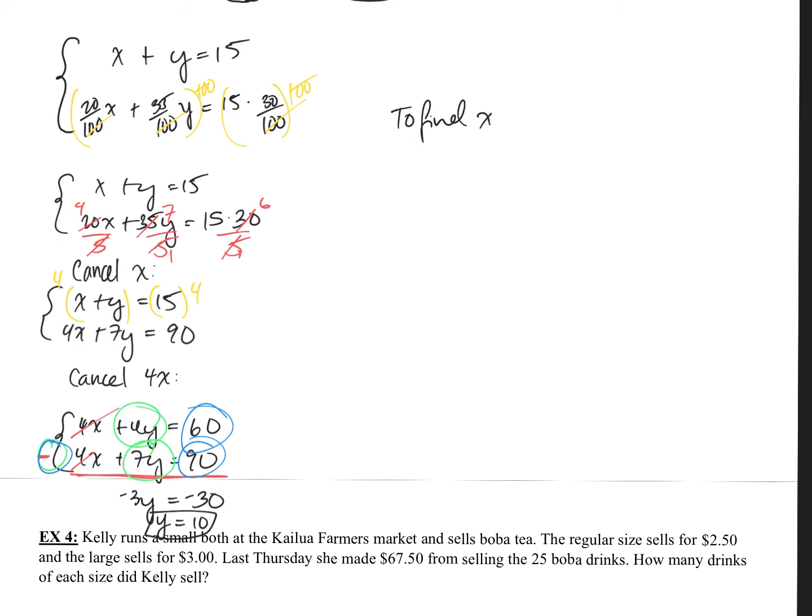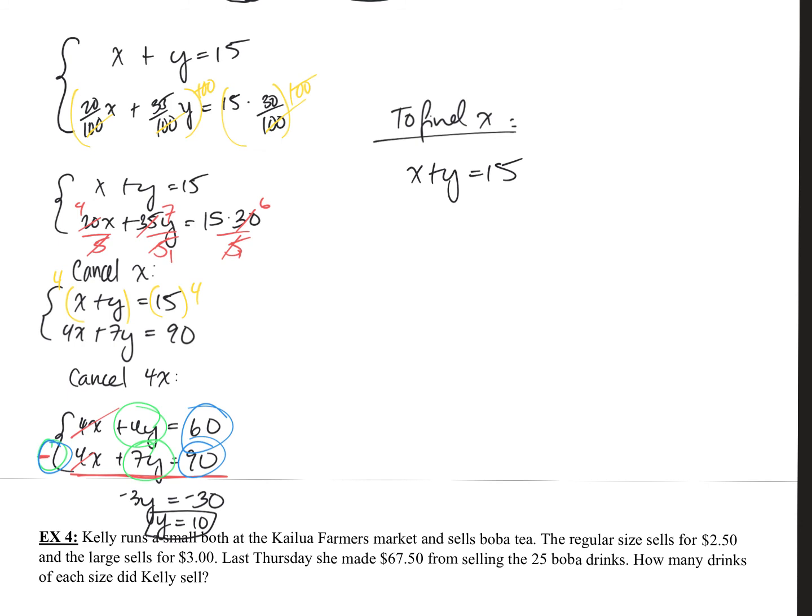Well, to find x, we're going to use one of the original equations and substitute 10 into it. If you're feeling adventurous, you could substitute into this nice big equation with all the fractions, but I'm not feeling quite that adventurous this evening or day, whichever time it is where you are. I'm going to use the nice x plus y equals 15.